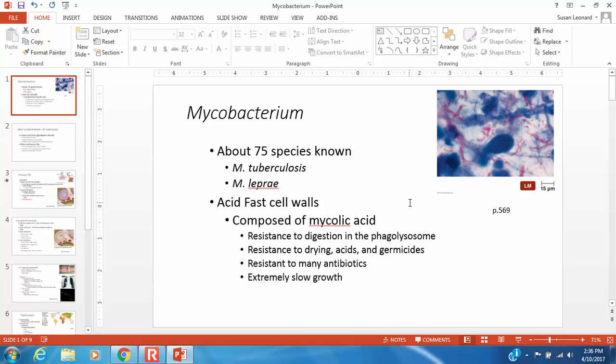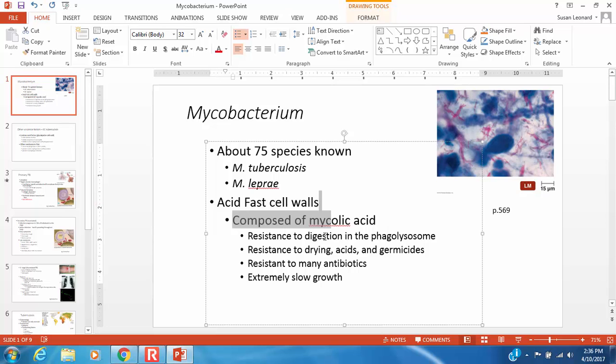When they're out in the environment, they're very resistant to drying out, to any kind of environmental thing that might harm them, like some chemical disinfectant or acidic conditions. They're resistant to a lot of antibiotics, again, just that impermeable to a lot of different things.